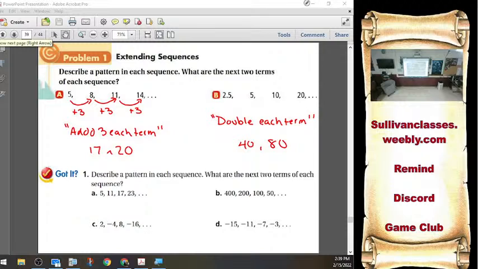Okay, if you ignored the signs, what is it doing? Doubling. Okay, and then it's swapping signs every time. So if I'm multiplying it by 2 every time, and I'm going negative, positive, negative, positive, what can I multiply something by to change its sign?